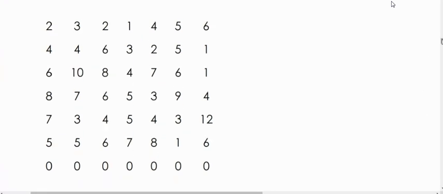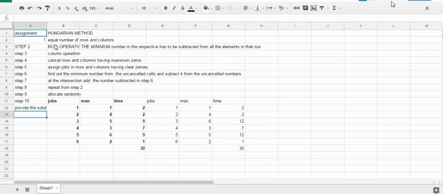So when you are introducing the new machine, guys, just pay attention for a second. When you are adding the new machine, how many machines would you have? 7 machines. But how many operators do you have? 6 operators. So the first step in the Hungarian method is that we have to have an equal number of rows and columns. If the rows and columns are not equal, then what are you supposed to do?